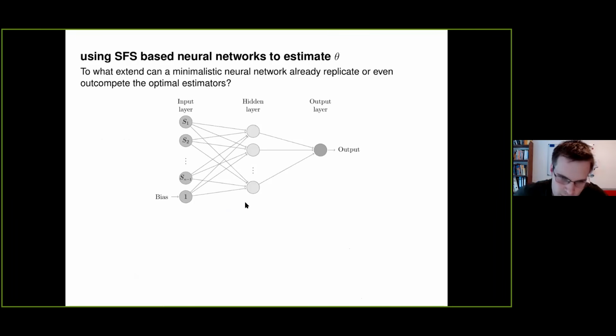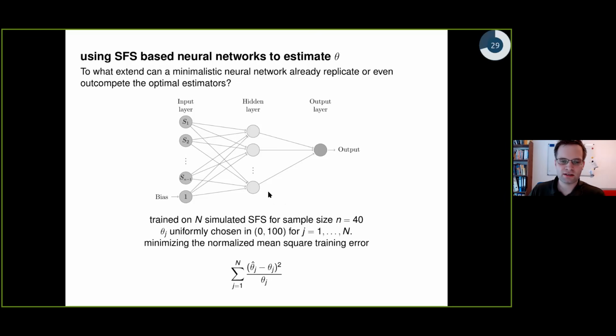So we were asking to what extent can even a minimalistic neural network already replicate or even outcompete these optimal estimators? So we created a very simple neural network with one hidden layer and trained it in this scenario on simulated site frequency spectra, and then we tried to minimize the normalized mean square training error.